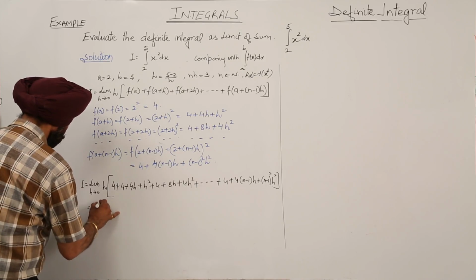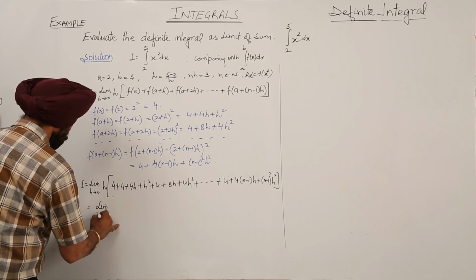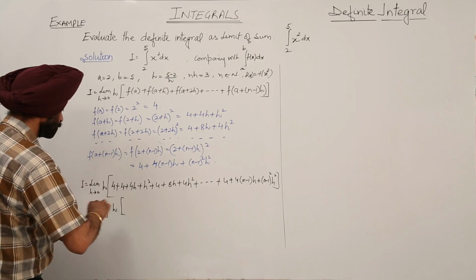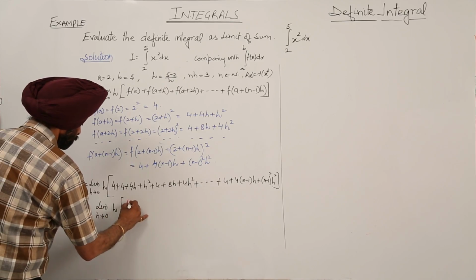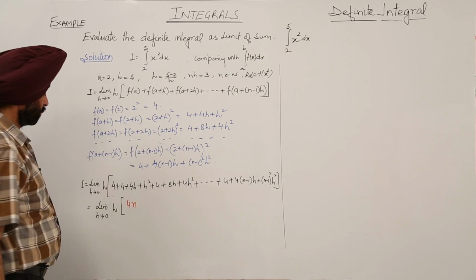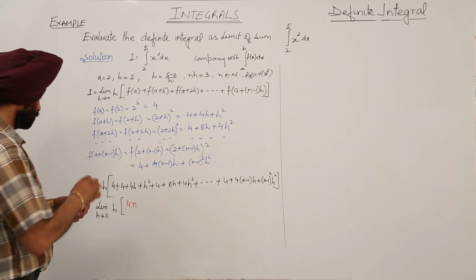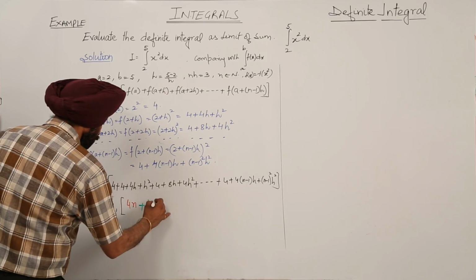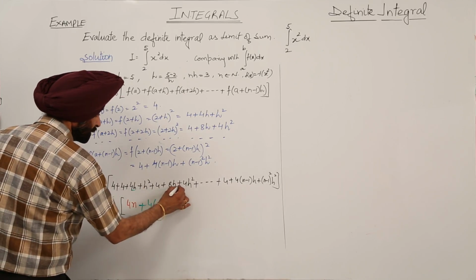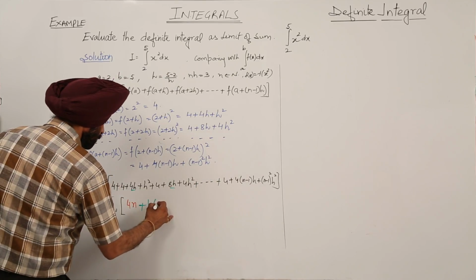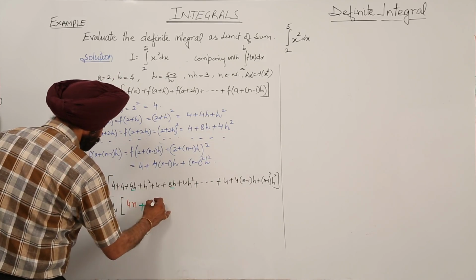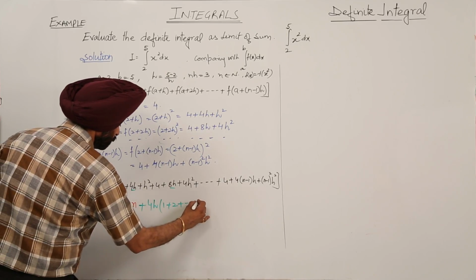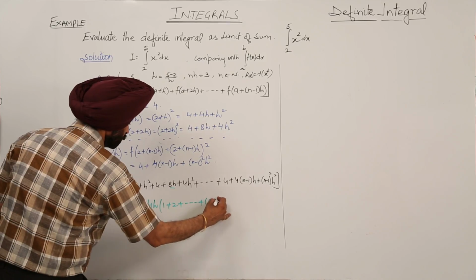limit h approaches 0, h times, first thing is 4 n times. Second thing, taking 4h common, we get 4h times (1 plus 2 plus ... plus (n minus 1)).